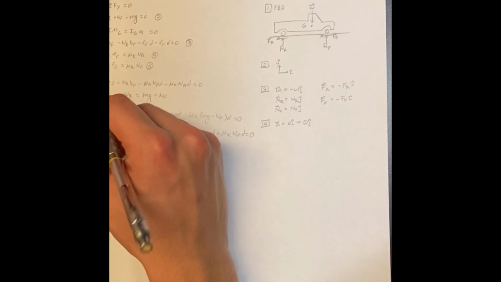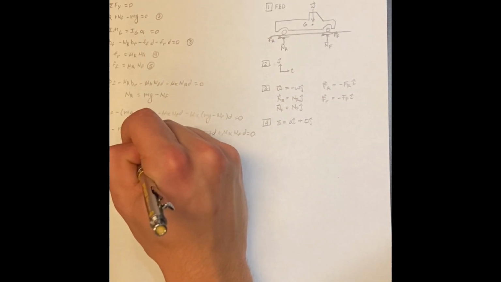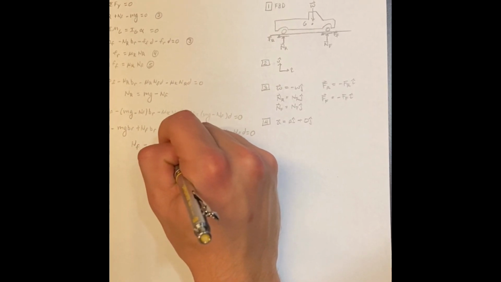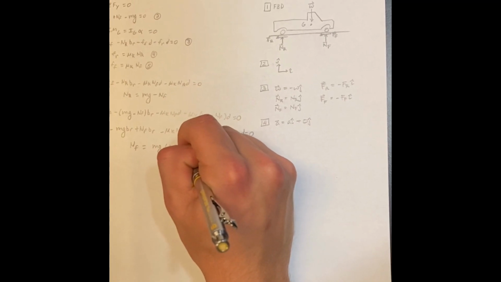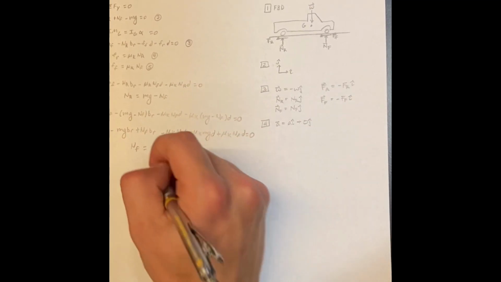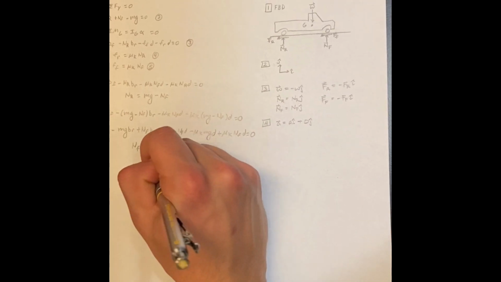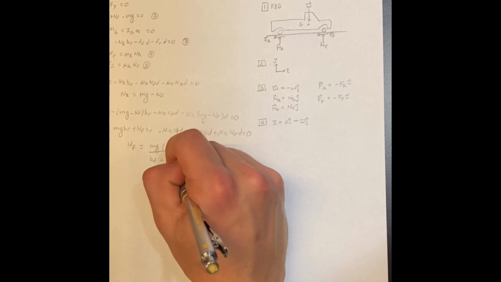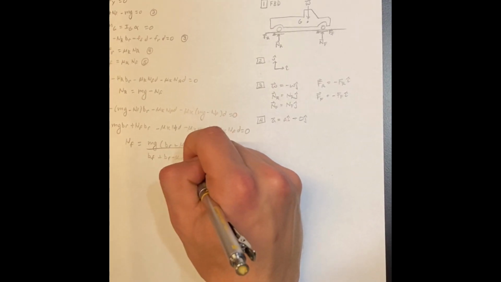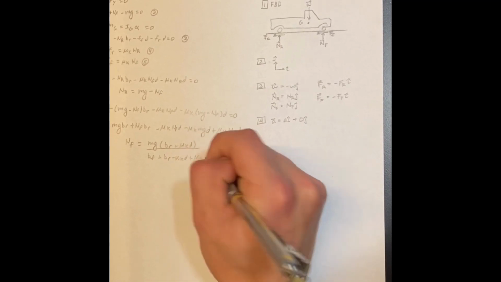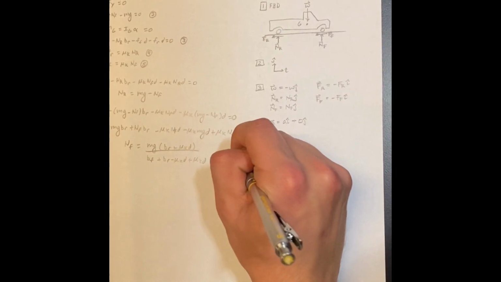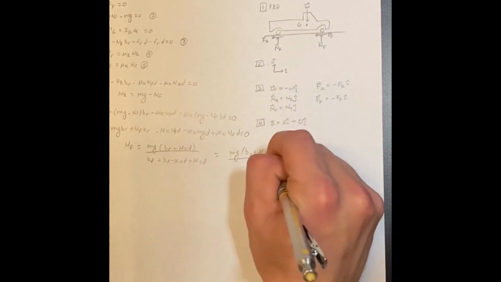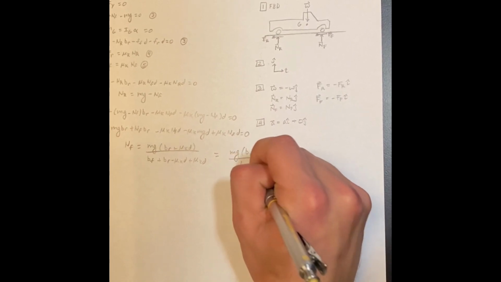And from this we can solve the equation for the normal in the front, and that's equal to mg times (BR plus mu sub k D), that whole term, divided by BF plus BR minus mu sub k D plus mu sub k D, and that simplifies to mg (BR plus mu sub k D) divided by BF plus BR.